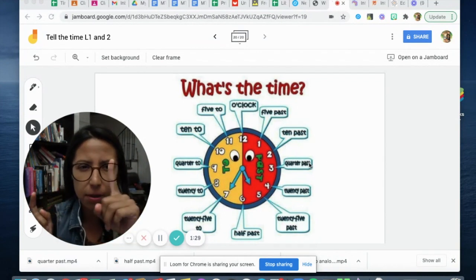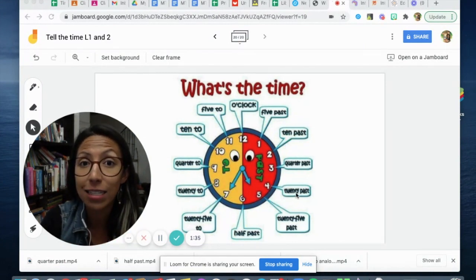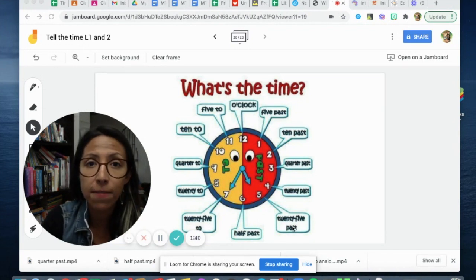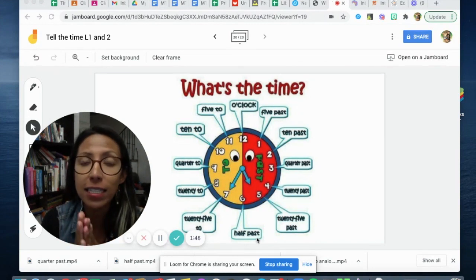Keep thinking about the minute hand. Then, if it is in the minute 20, we would say 20 past. 25 past. Half past.